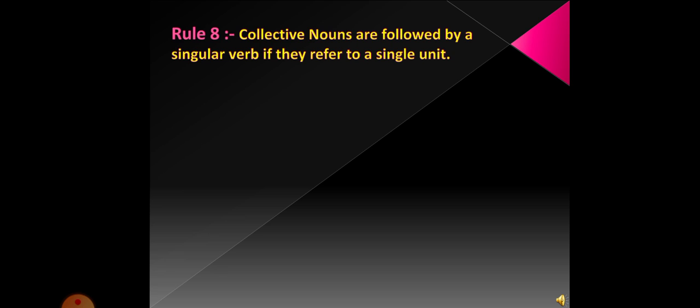Okay, see some examples to get more clear. My family comes from Mumbai. Family is a collective noun, but this whole family refers to a single unit. So I have used here a singular verb, comes.